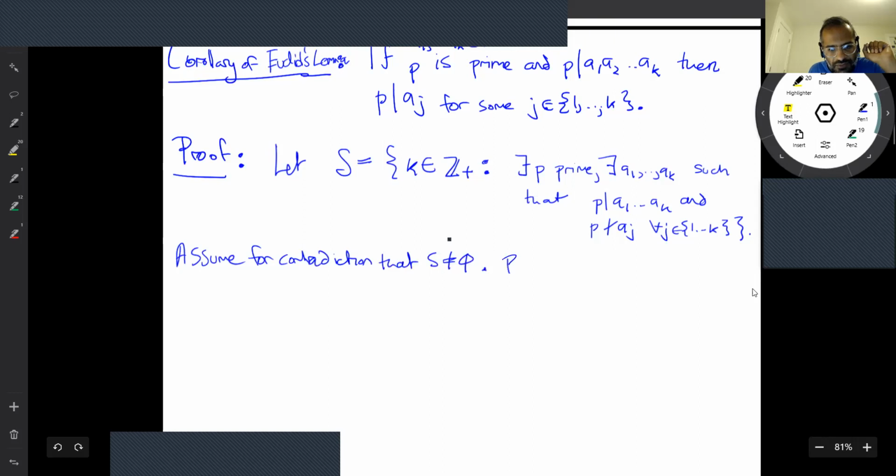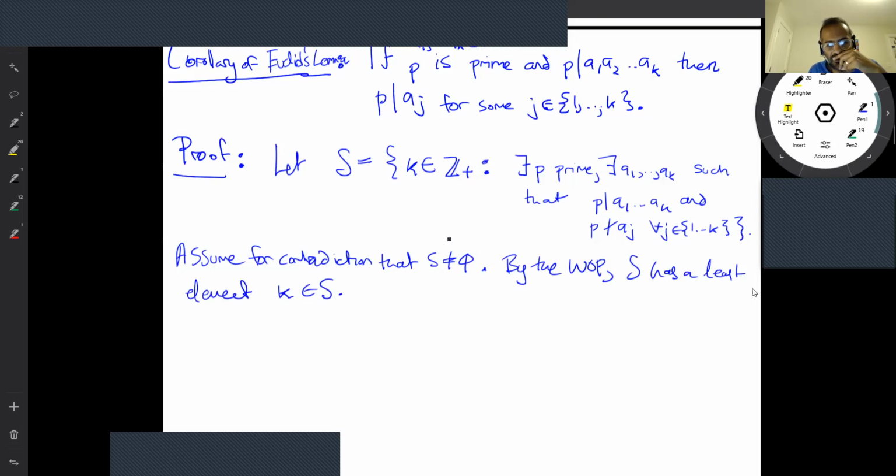By the well ordering principle, S has a least element, K. And for that K, I have this example, right?